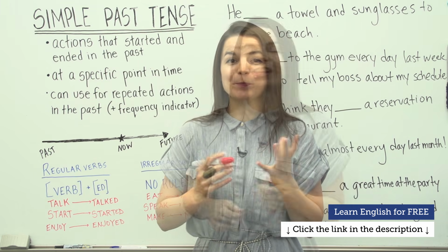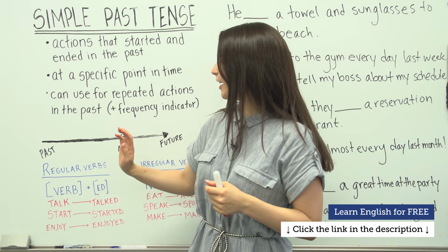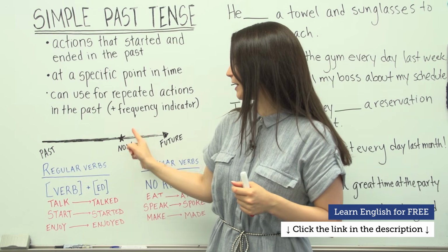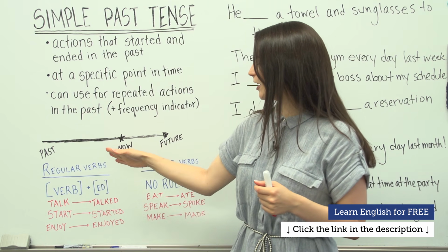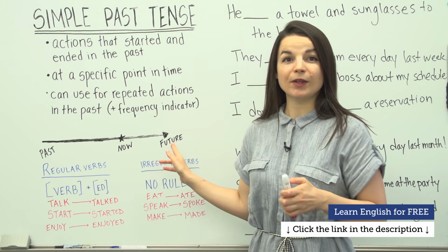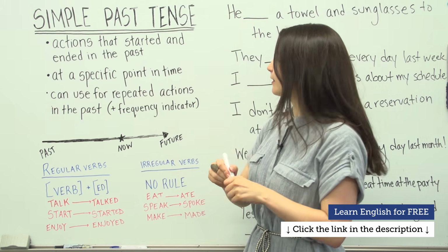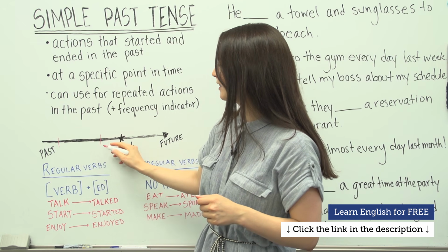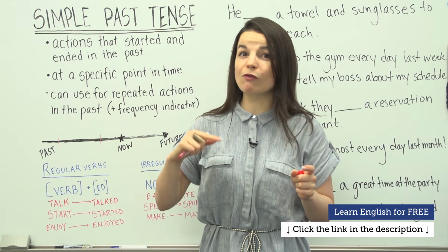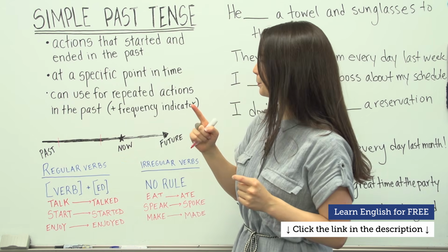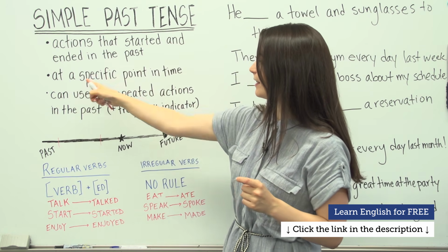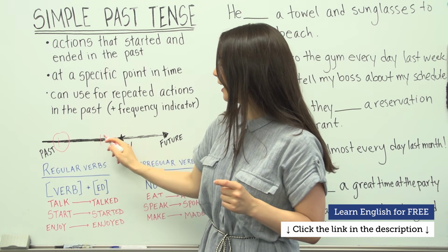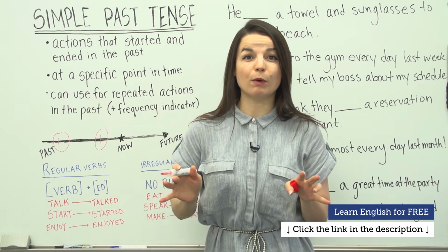So to give you a visual, the past is down here, now is this point here, and future is up here. When we use the simple past tense, it's an action that started and ended in the past, somewhere before now. That's one. It's at a specific point in time. So this action and this action, we know when they happened.